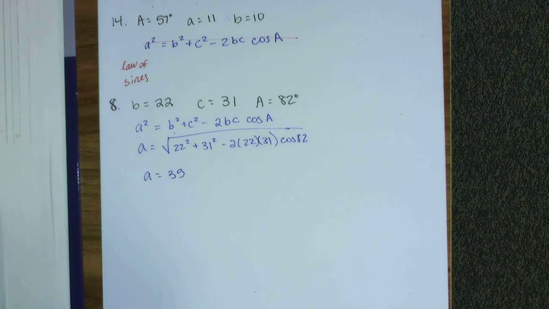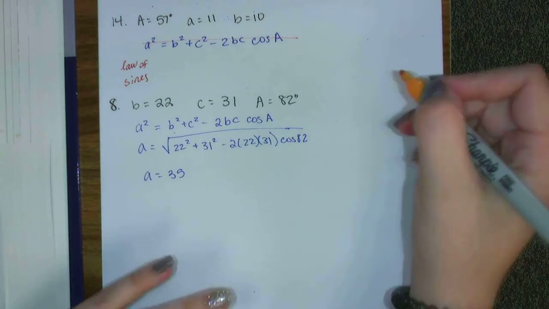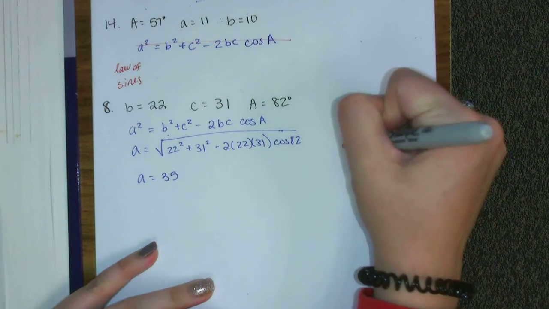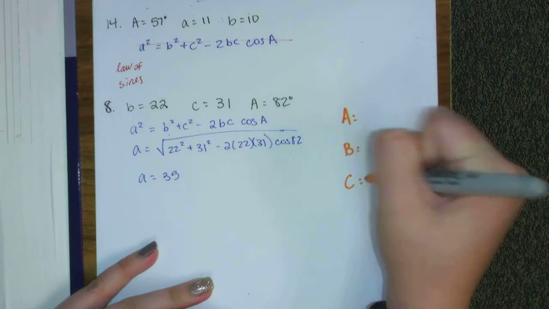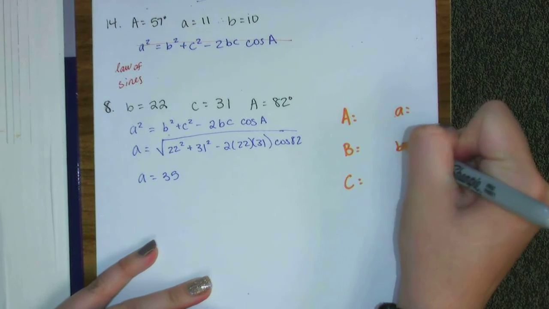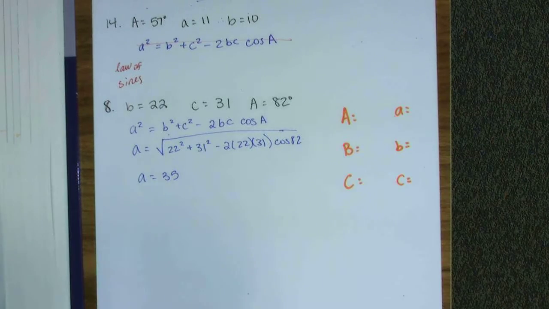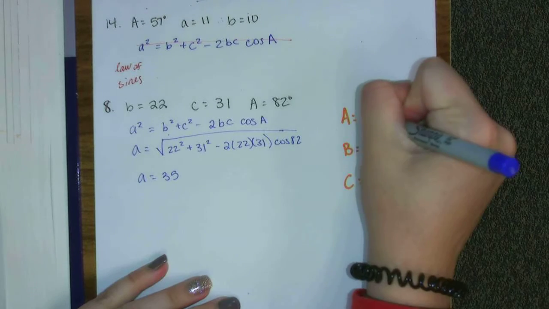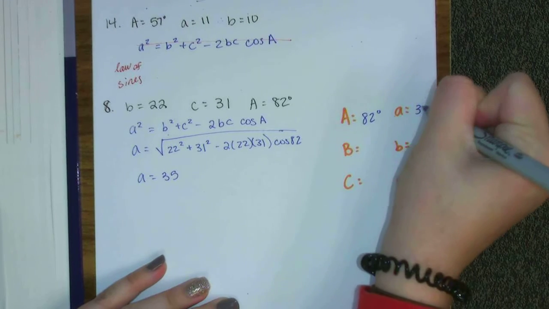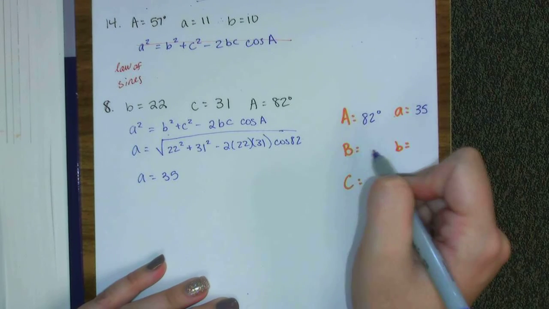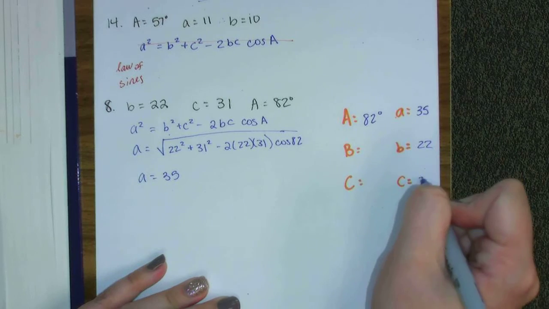So now I'm going to set up over here A, B, C. Alright, so now I can fill this in. 82 degrees, 35, B is 22, C is 31.